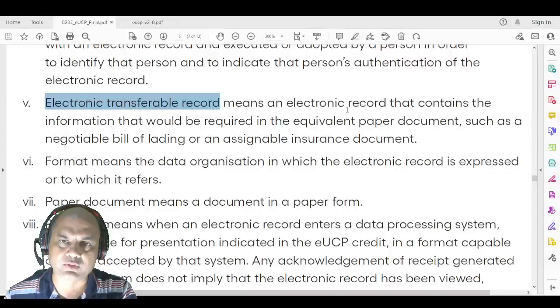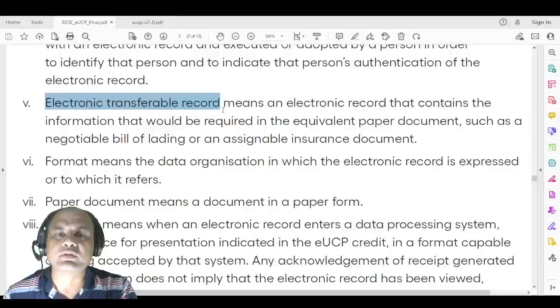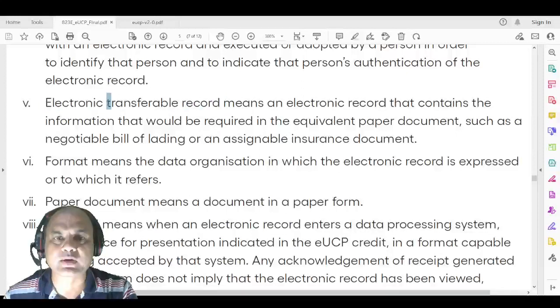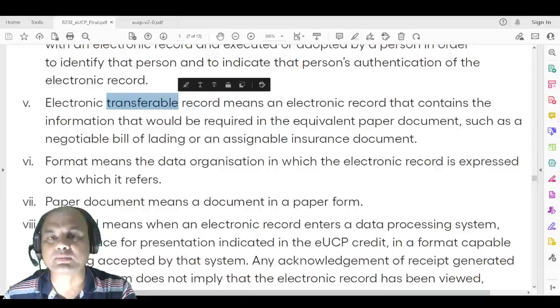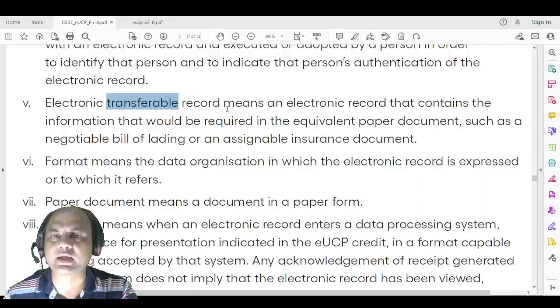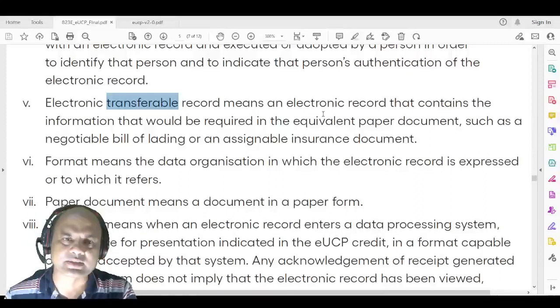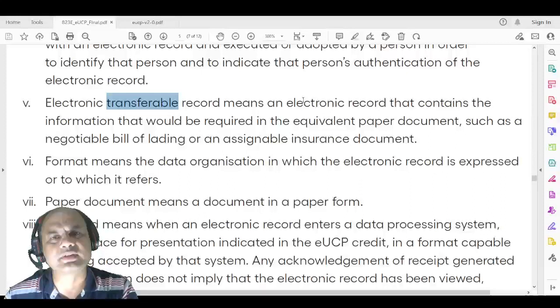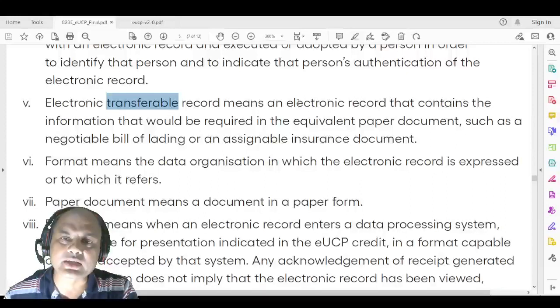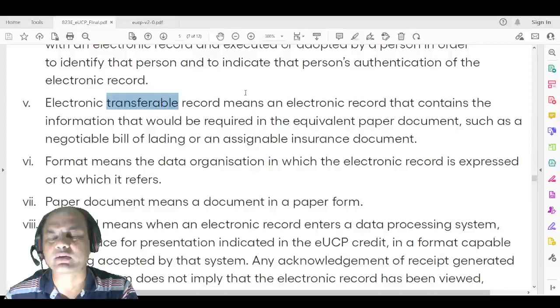The very clear meaning of transferable here is actually negotiable. Negotiable means a document which can be transferred merely by signature, right? We transfer that negotiable check as such, right? So simply that.